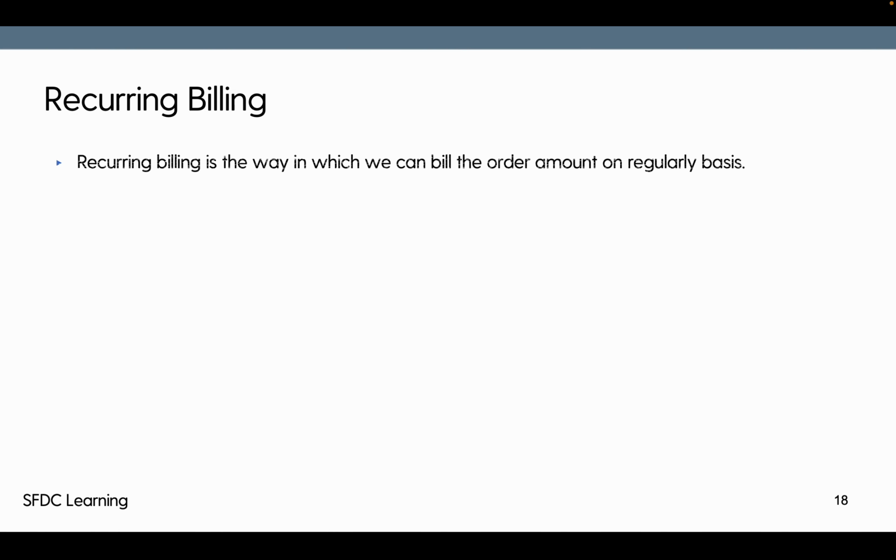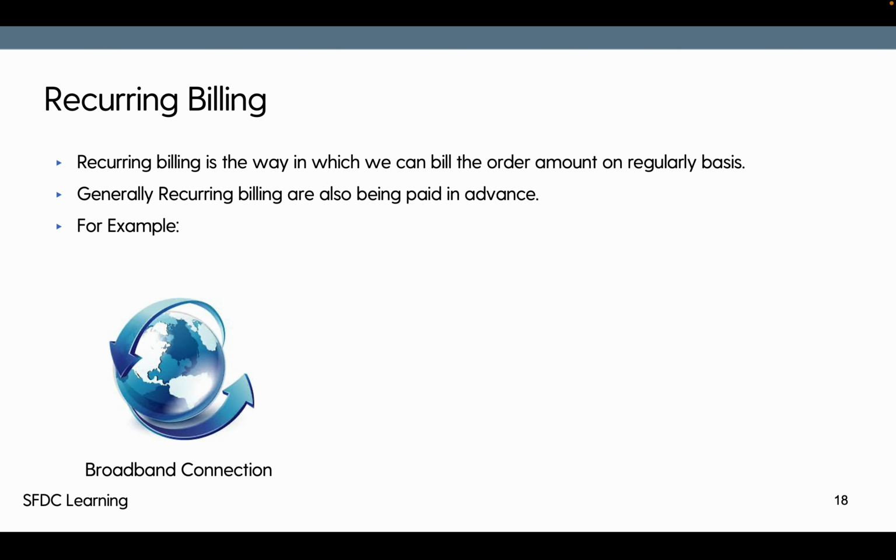Then what is recurring billing? Recurring billing is the way in which we can bill the order amount on a regular basis to the customer. Generally, recurring billings are also paid in advance. For example, a broadband connection. We can opt for a broadband connection and pay the charges per month.